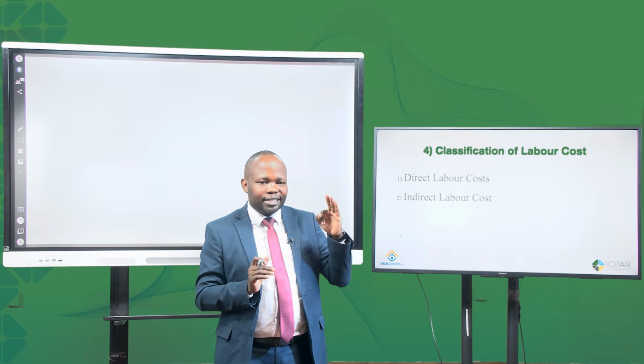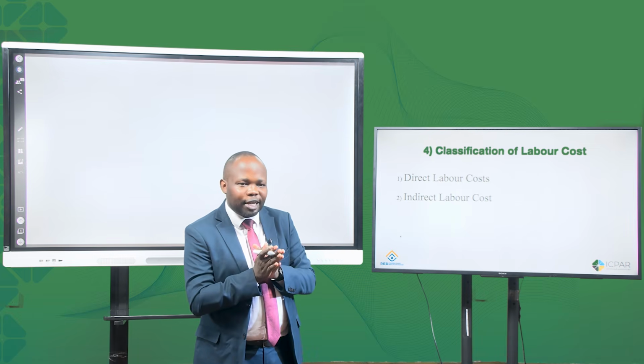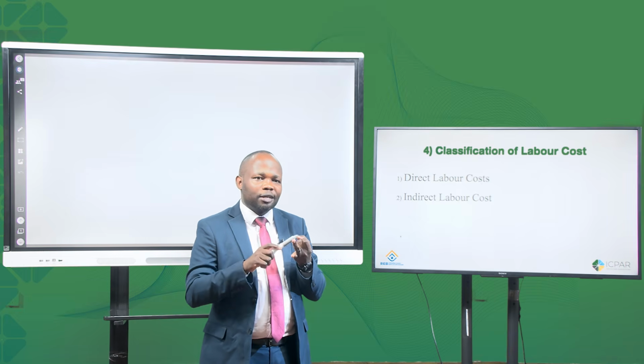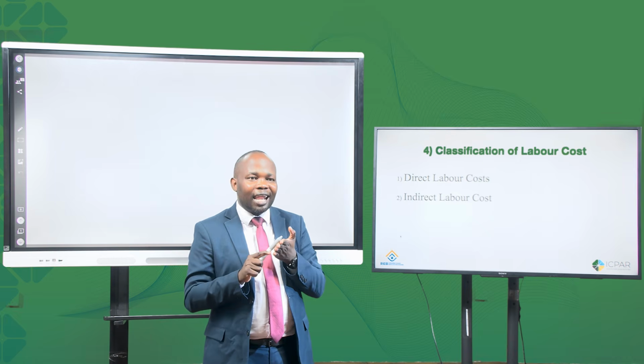We have already seen types of employees. So these types of employees, we have said when they are being paid, there is the basic pay for standard hours, there is the basic overtime, there is the overtime premium, and there are allowances.